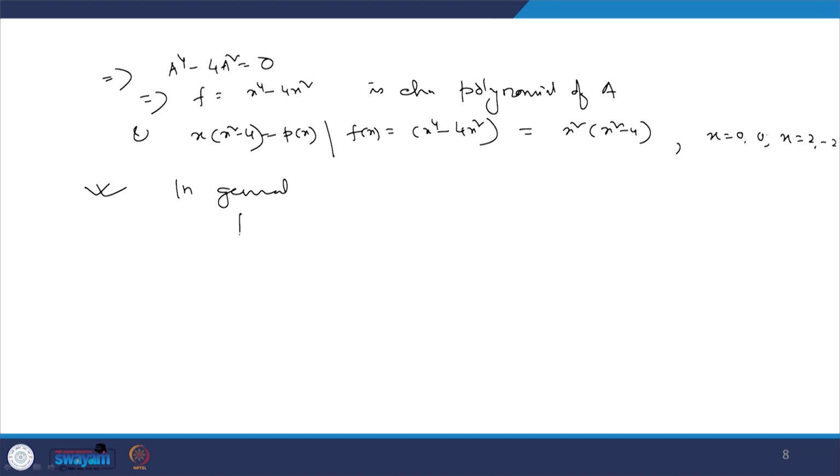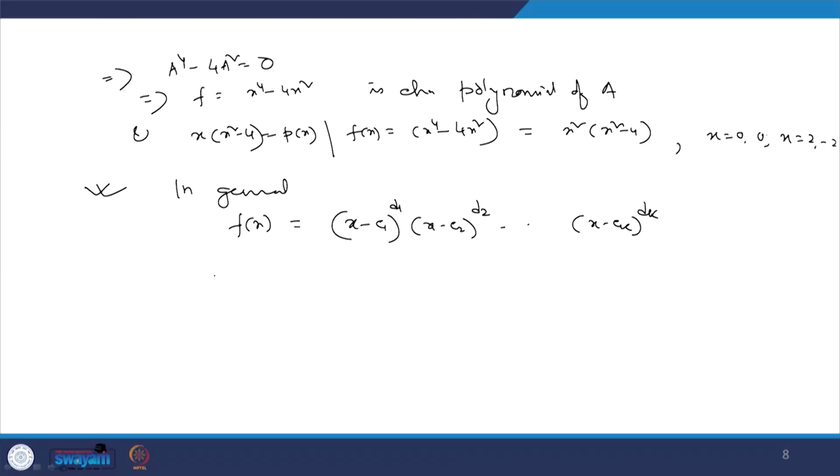In general, if f of x is written like this, say let us consider x minus c1 power d1 into x minus c2 power d2 and so on up to x minus ck power dk, where c1, c2, ck are the distinct eigenvalues, then di is known as algebraic multiplicity of eigenvalue, that is your Ci.